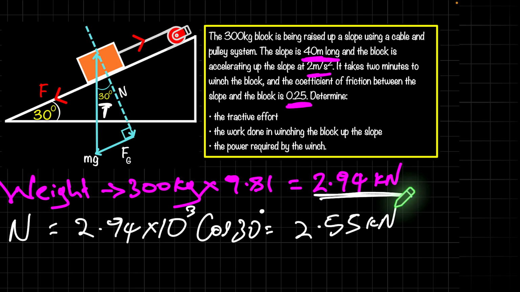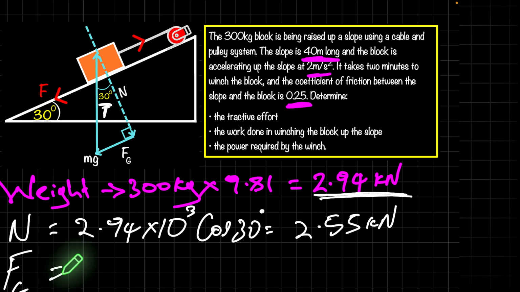The next one is our Fg, which again is our unknown. It's the same idea. We have the hypotenuse and we're trying to find our opposite side. So again, that's just going to be sin.